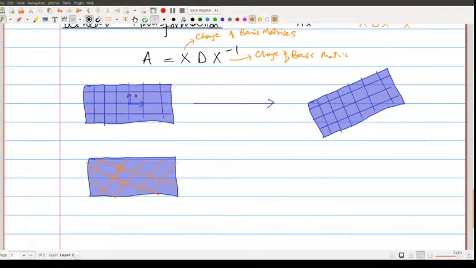But it's still the same space. Looking at the shape and looking at the vector, it's still the same space, and the vectors haven't changed. It's just that we're spanning the same space with different basis vectors.